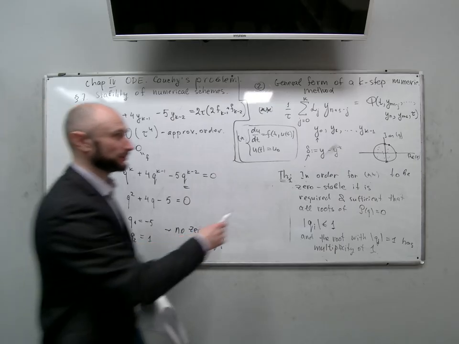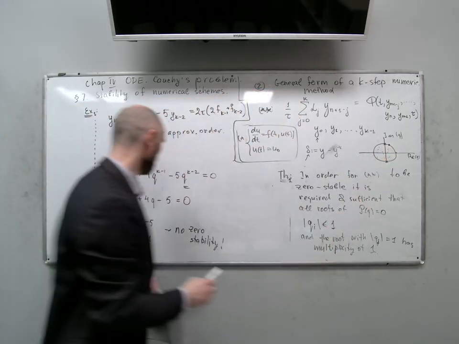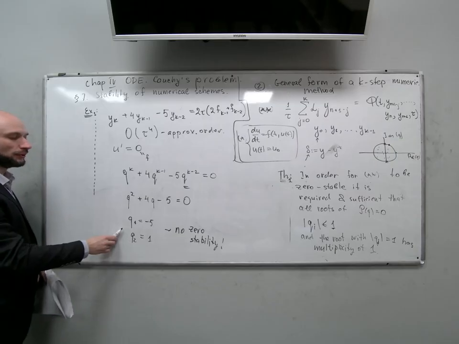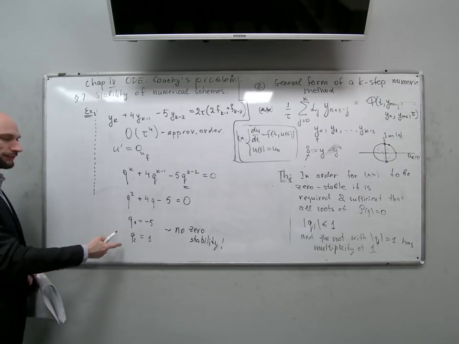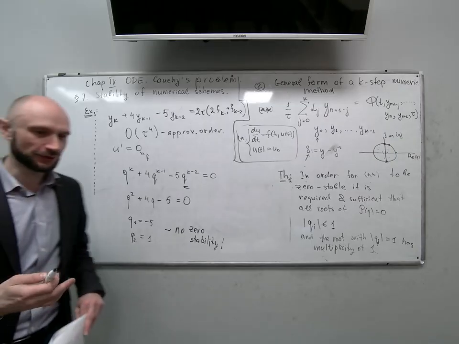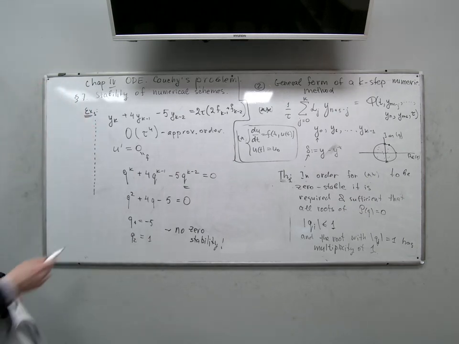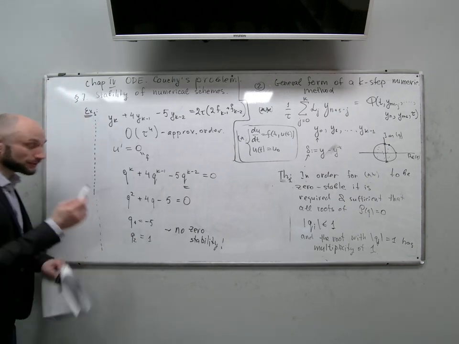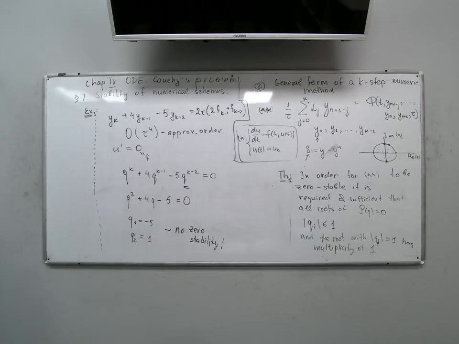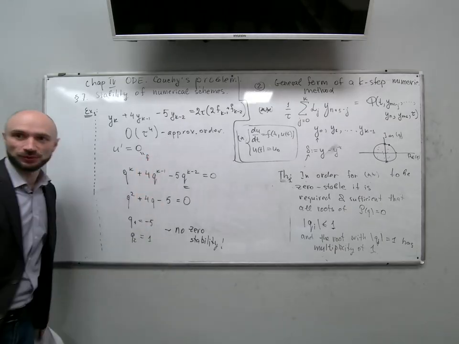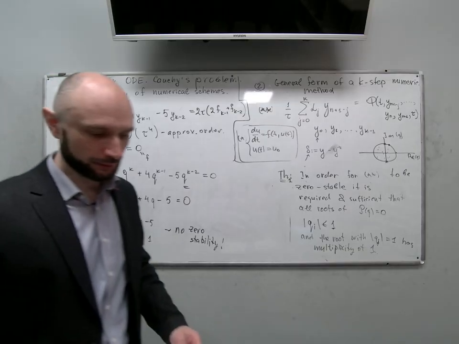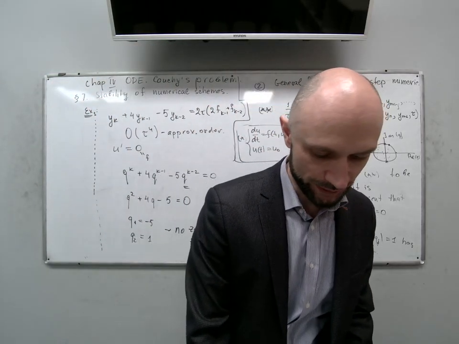The absolute value of the complex root must be below 1 or equal to 1, and only one root equal to 1 is the necessary condition for zero stability. So it's not zero stable, unfortunately, in spite of its very attractive approximation property, high order approximation accuracy.